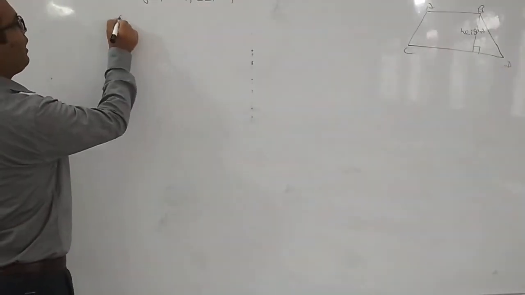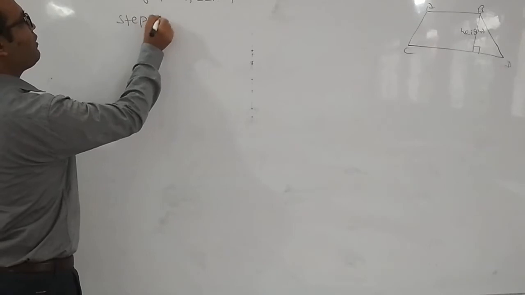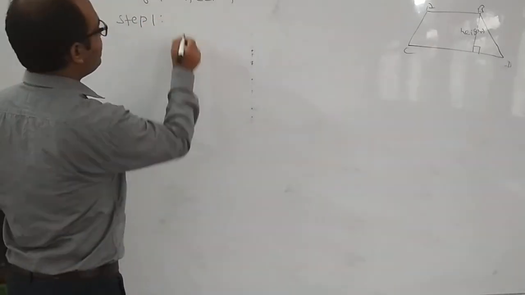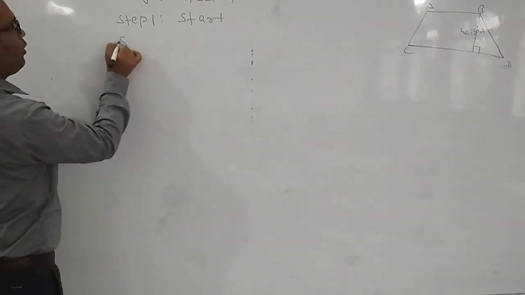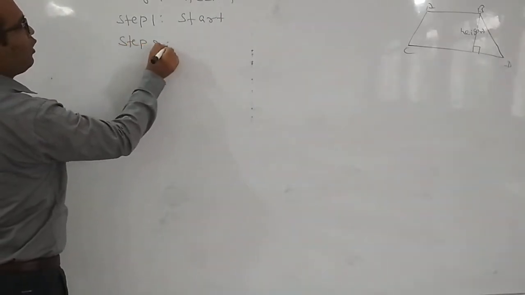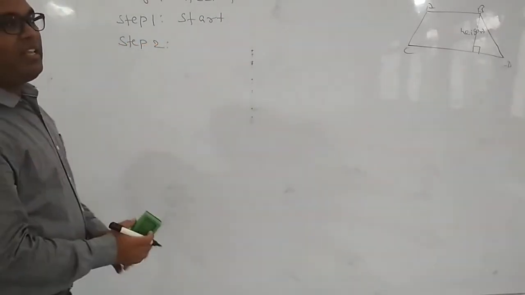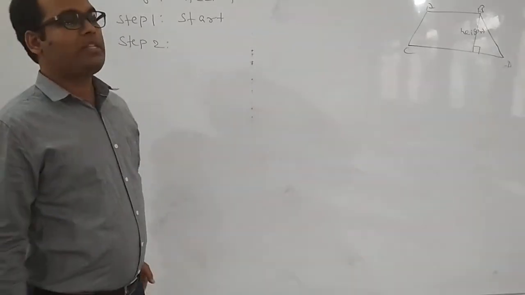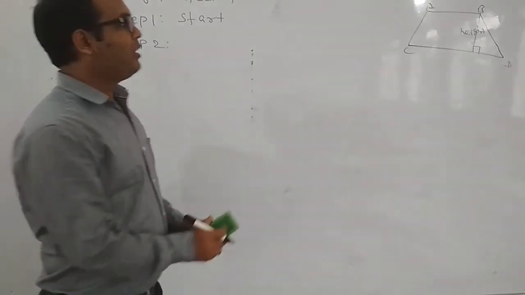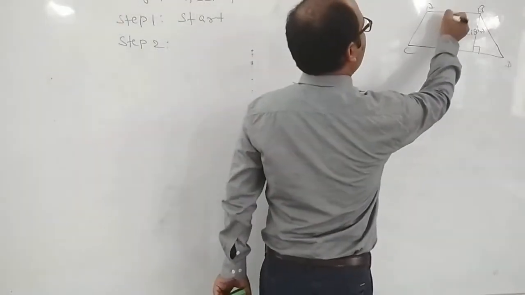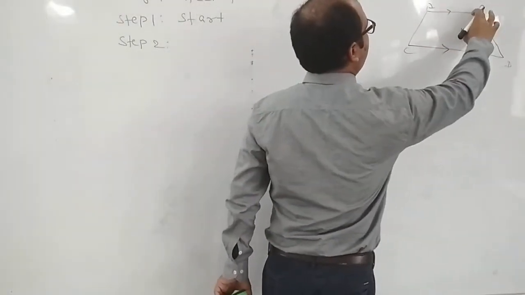So step one, start. Step 2. In this example, how many inputs do we need? We need 3 inputs. Why? AB and CD are the parallel lines, and the distance between them is one input.